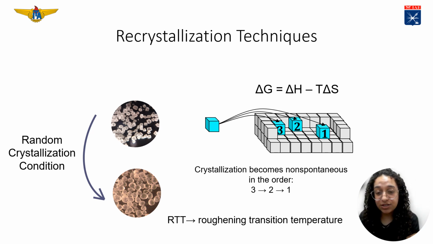The Raffling transition temperature represents the temperature after which only the random crystallization takes place.